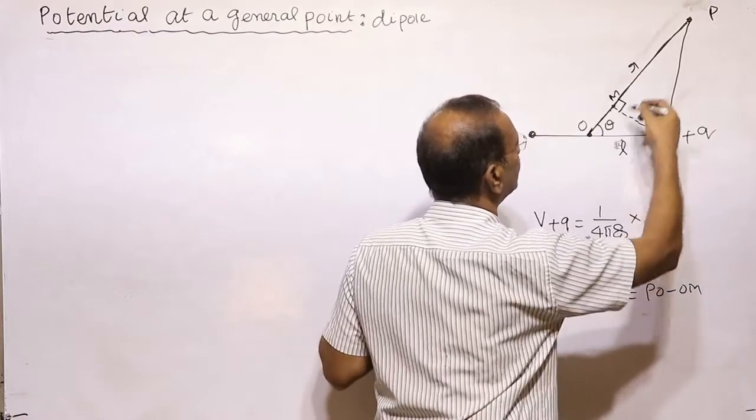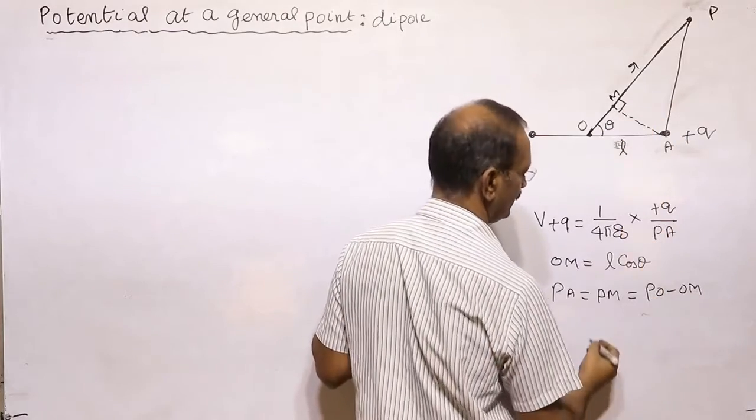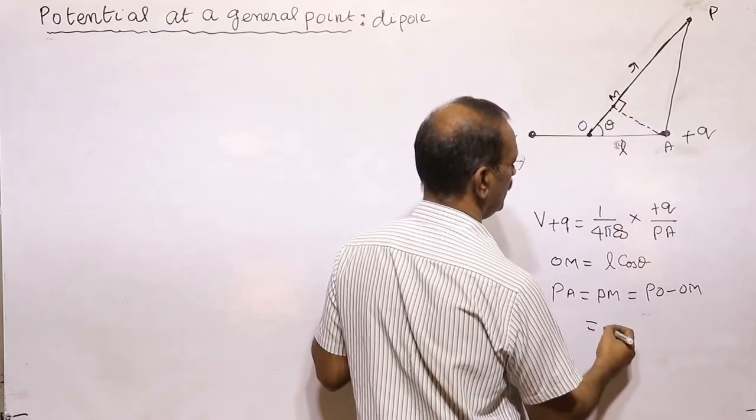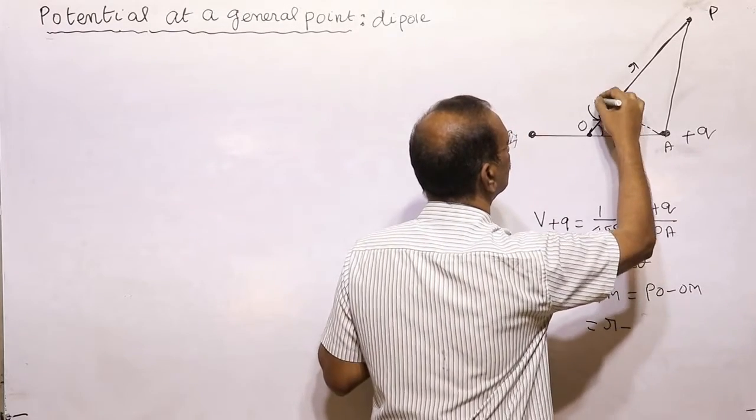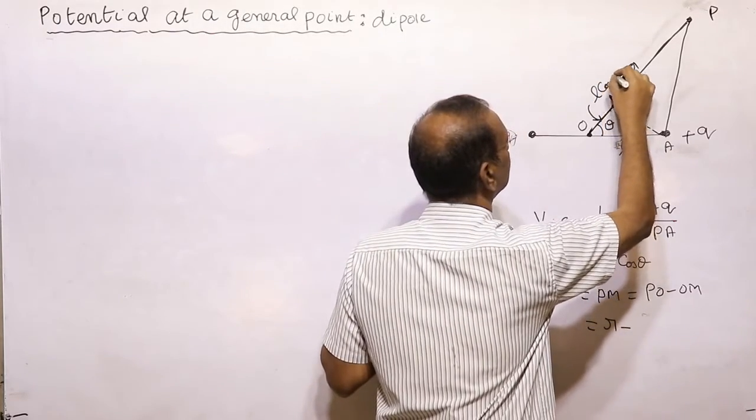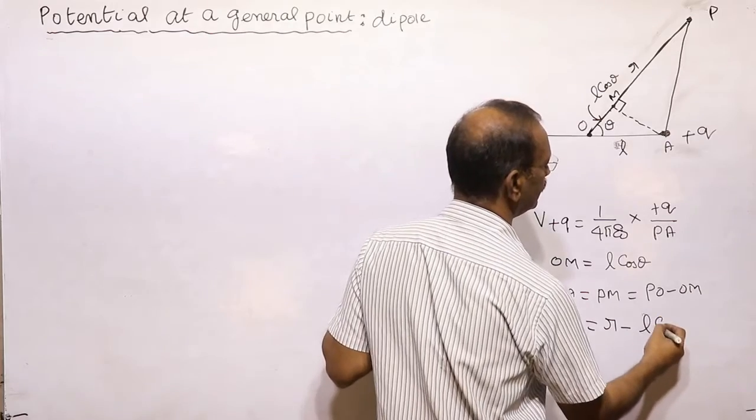What is PO? PO is equal to r. What is OM? OM we have already seen, this is equal to L cos theta. So PA is equal to r minus L cos theta.